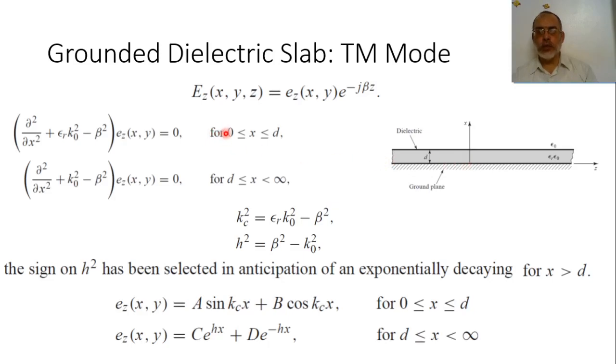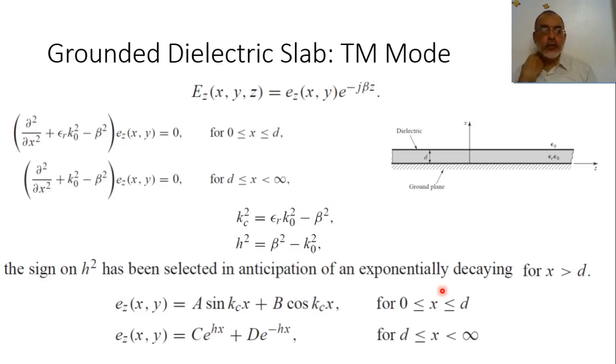At x equals 0, according to this equation, we apply x equals 0, so the sine is 0 and the cosine is 1. So the value of the electric field should be 0 because the tangential electric field is 0. So the first boundary condition is that the tangential electric field at the plane x equals 0 is 0. Thus, the value of B should be 0.